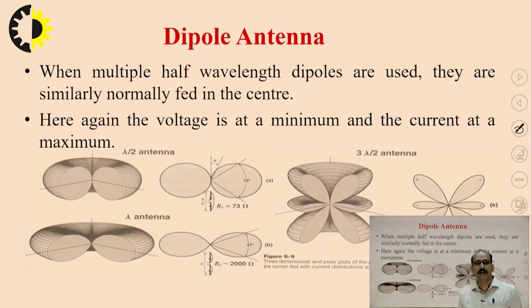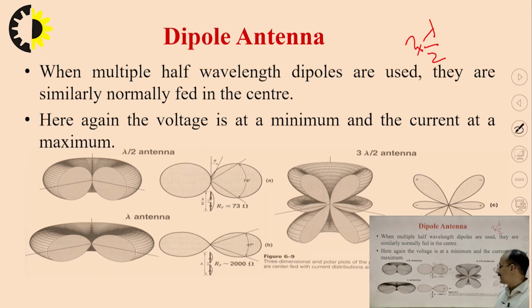Then the dipole antenna has more structures: when multiple half wavelength dipoles are used, they are normally fed in the center. It means in multiples of lambda by 2 you can make various dipoles. If you use 2 dipoles, it becomes a lambda length antenna. If you use 3 lambda by 2 dipoles, it becomes a 3 lambda by 2 antenna.